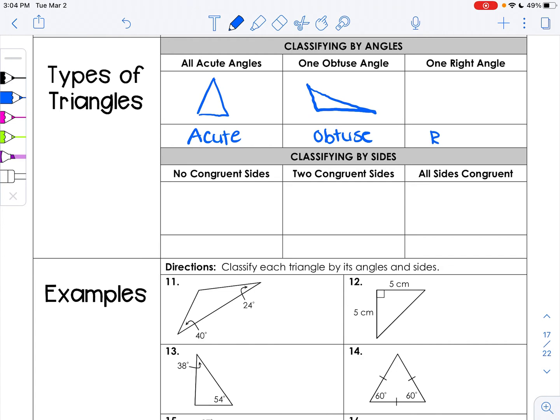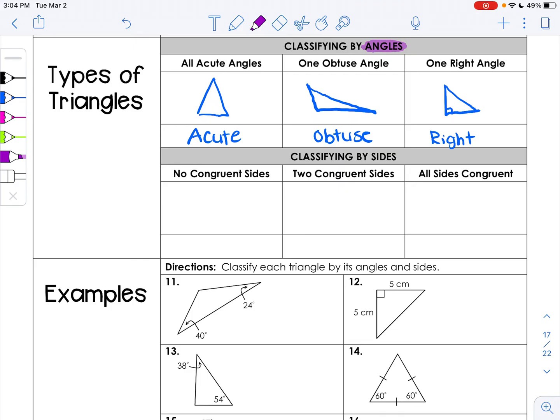And then the ever popular, a right triangle. Remember, with a right triangle, you have to have the box in the corner to show that it is a right angle. We cannot assume that it is a right angle. So those are the types of triangles based off of their angles.